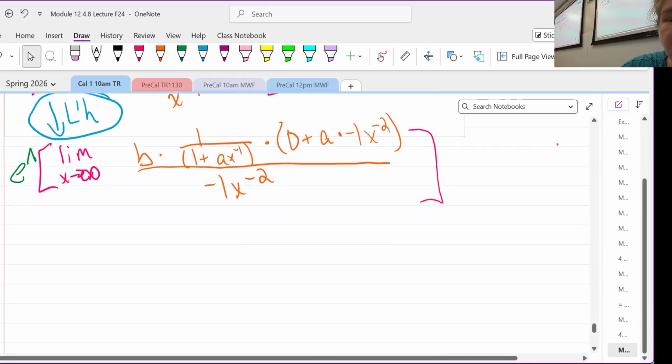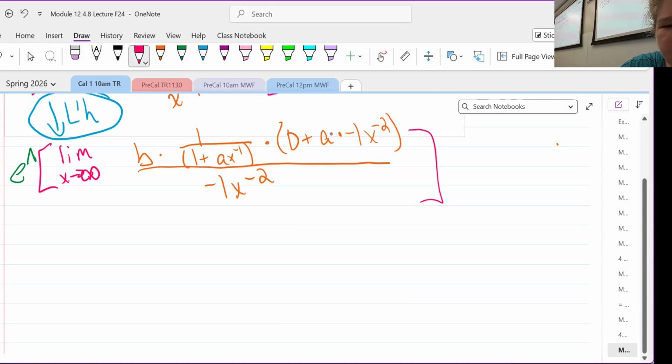All right, so we applied L'Hopital's rule. Things got a little crazy looking. So let's actually look in here and see if we can't clean this up a little. So here I've got the 0 plus a times negative 1x to the negative 2. So the 0 plus may as well not be there.